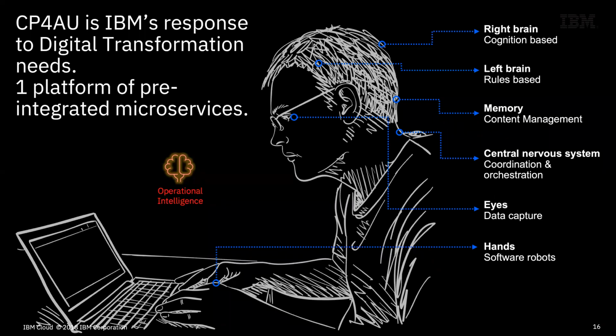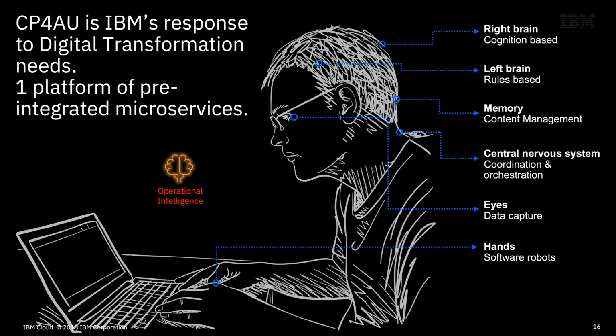For the right brain, so the most creative part and the one which is used for interpretation, I will be using some level of cognitive technology, so the Watson brand as part of IBM. Then for whatever has to do with logic, I will be using some rules, right? So a business rules engine is exactly what it is meant for.